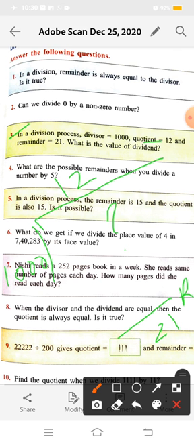Firstly, for finding the dividend, what is the method? We should multiply quotient with divisor.